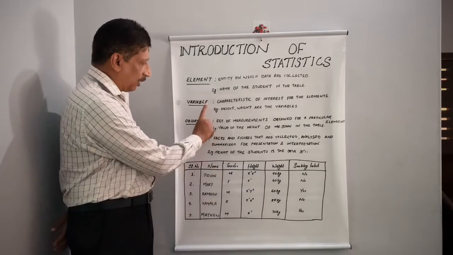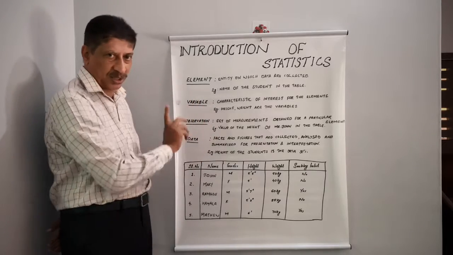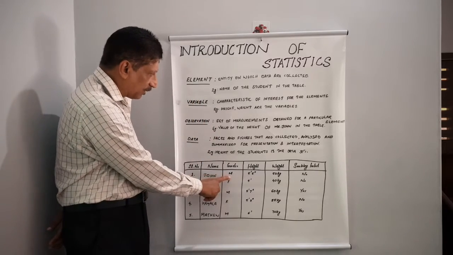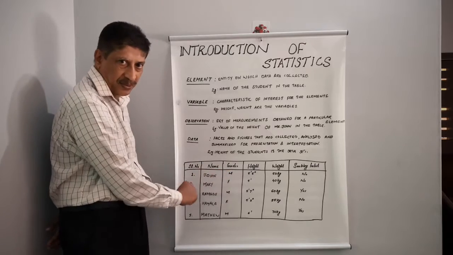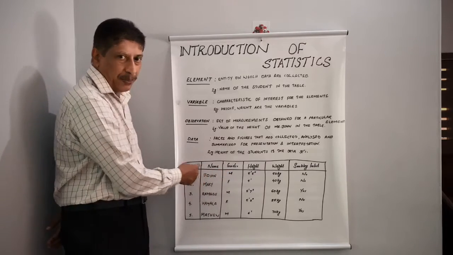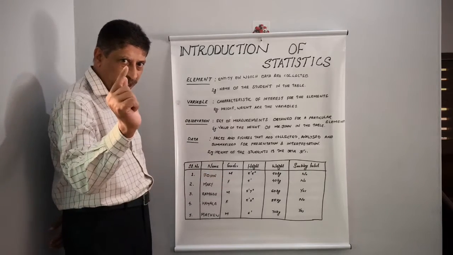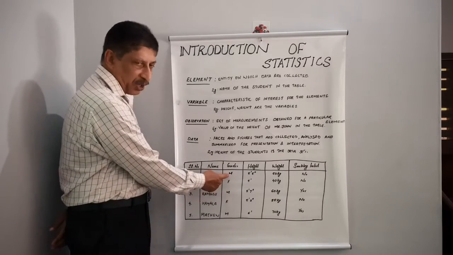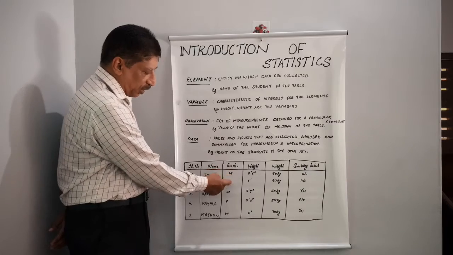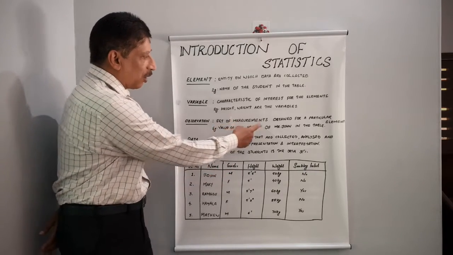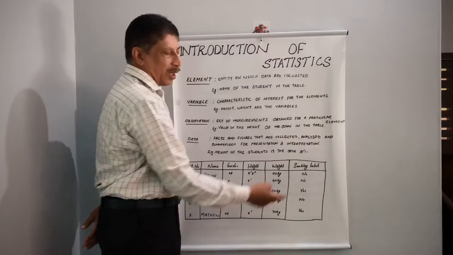So observation means the measurement on this element. John is a male, so male is an observation.